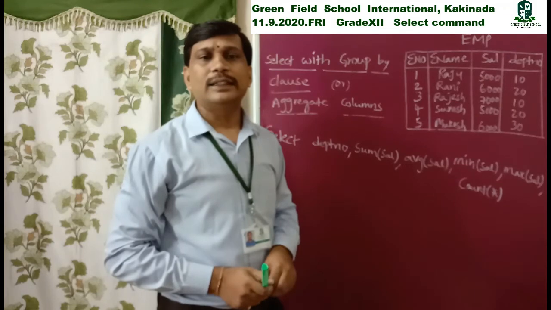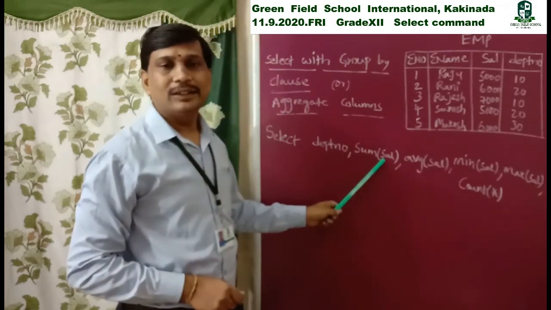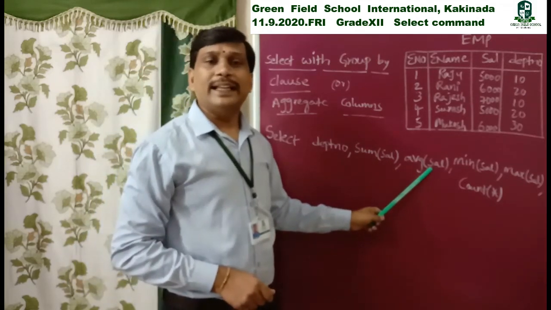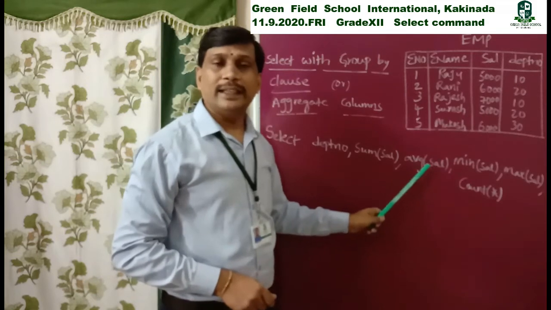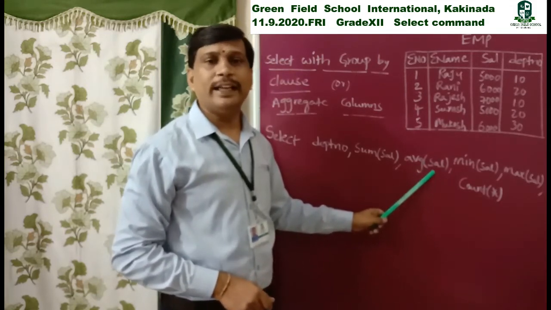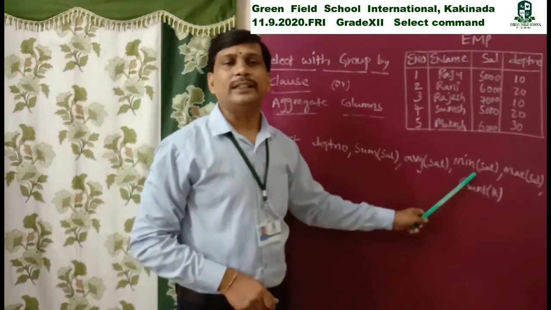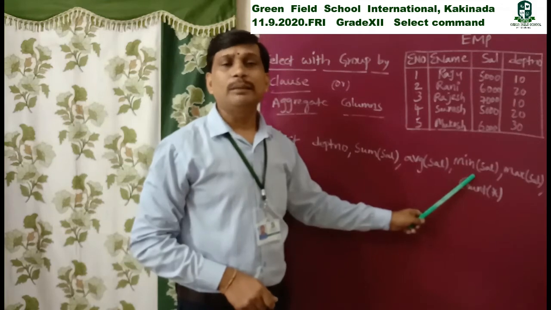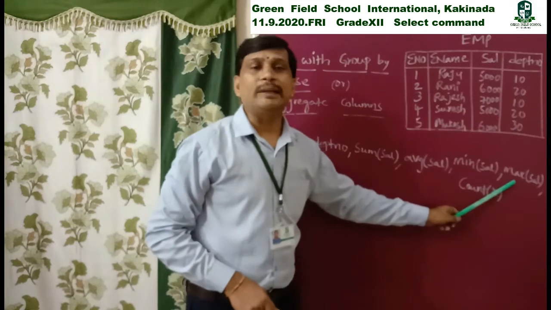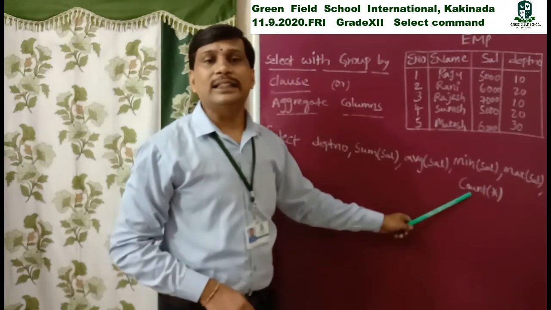I calculate the sum of those 2 employees' salary, the average salary, the minimum salary in the 10th department, the maximum salary in the 10th department, and count how many employees are in the 10th department.